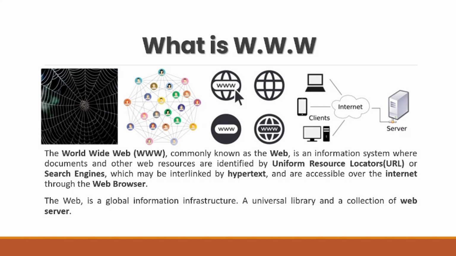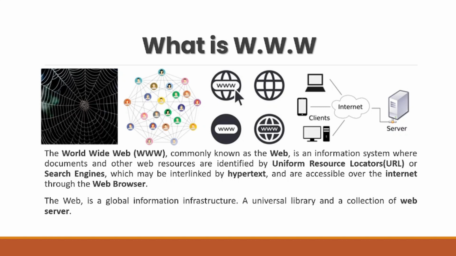You know, when we talk about infrastructure, we talk about something built for the benefit of humanity. Like in a popular saying, we say road infrastructure, school infrastructure. Those are built for the benefit of humanity. So the web is a global information infrastructure. That's an infrastructure built for the purpose of sharing information globally.